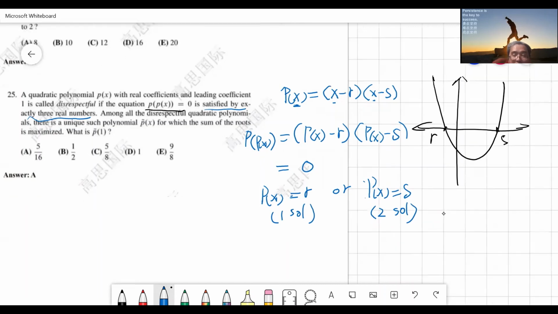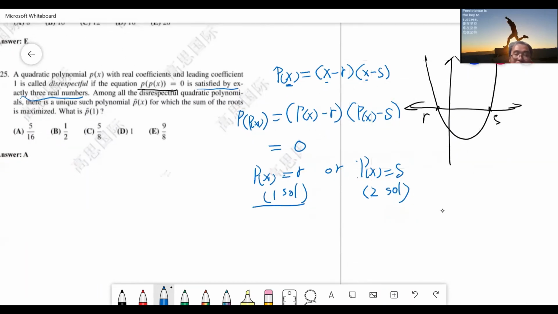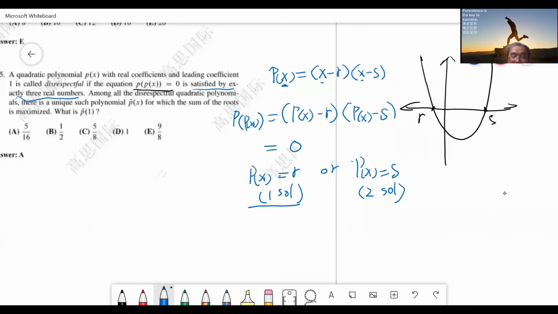If P(x) equals r has one solution, then the line only intersects the curve at one point, which means r is the value at the vertex.